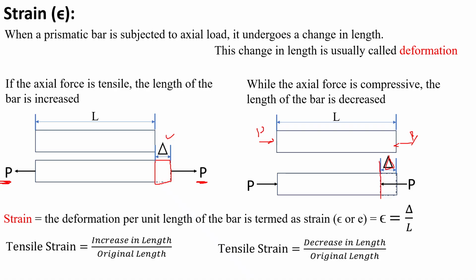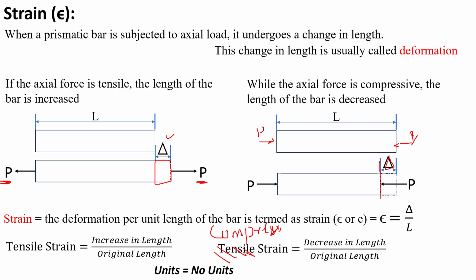In compressive strain, the length decreases, so compressive strain equals the decrease in length divided by the original length.